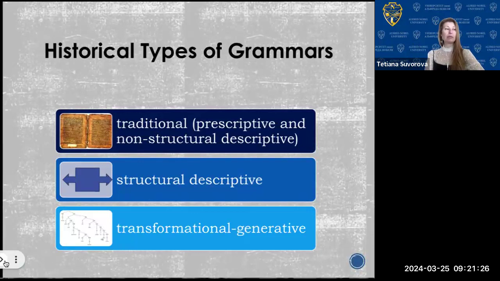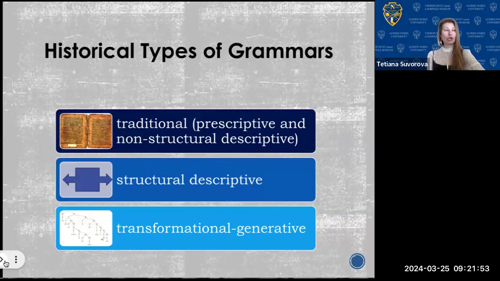We can speak about traditional grammar, generally prescriptive, and non-structural descriptive grammars. Here we'll discuss during today's lecture what the difference is, because with the flow of time, the vision of the language has changed, the way it was viewed and perceived, and that is why it influenced the existence of different types of grammars.